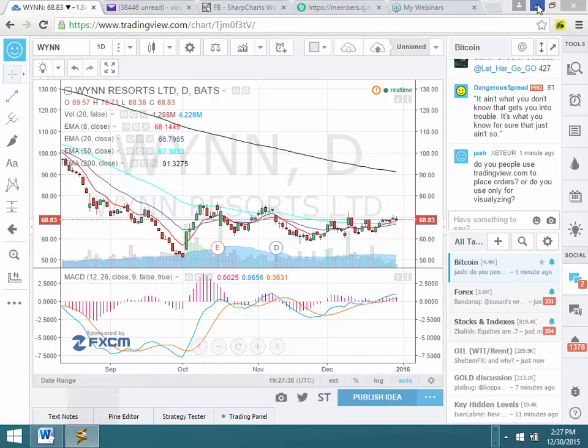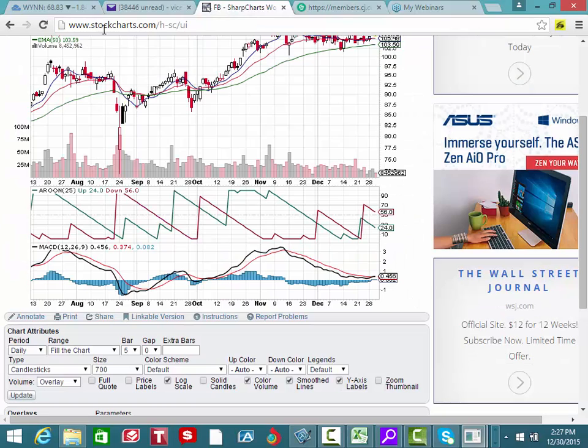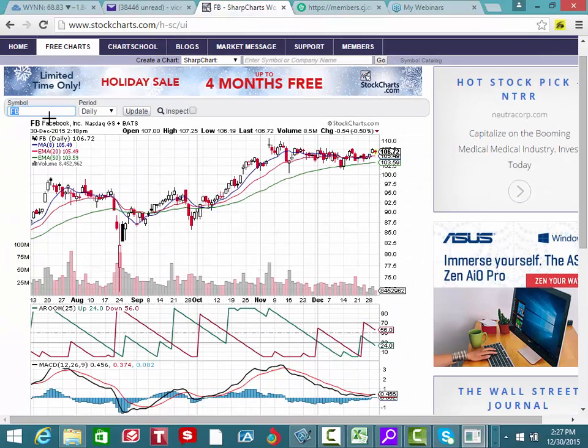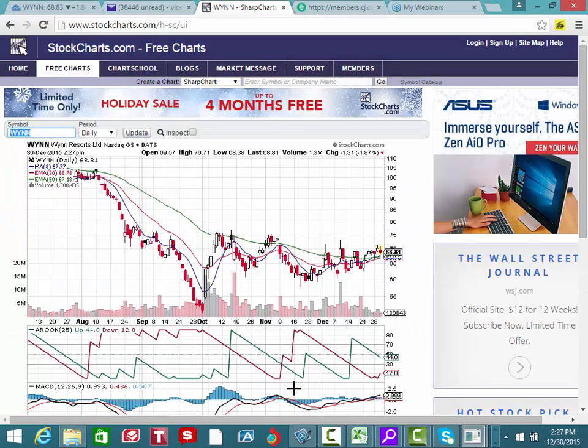So not only do I use the candlesticks, the moving averages and the MACD, I also like looking at their rune indicator, and you can see how they cross. Whenever you see an X pattern right here, the green above the red, it's another bullish signal, and we're in a big triangle right here.